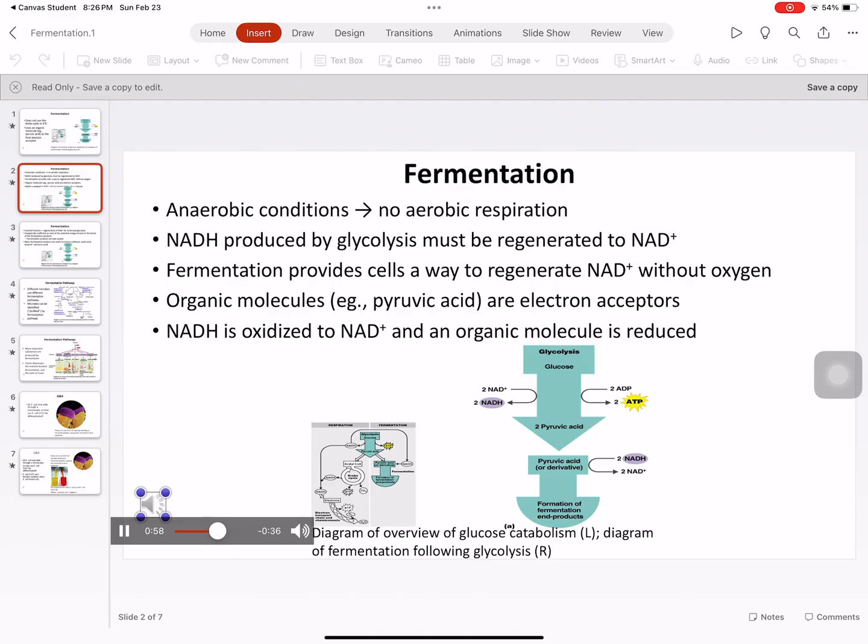And when we do fermentation, if we look at the right side of our figure, what we see is that the NADH that was generated in glycolysis is going to be oxidized to give us back our NAD, and we're going to dump the hydrogen ions and the associated electrons onto pyruvic acid or a derivative. So we're going to reduce the organic molecule.